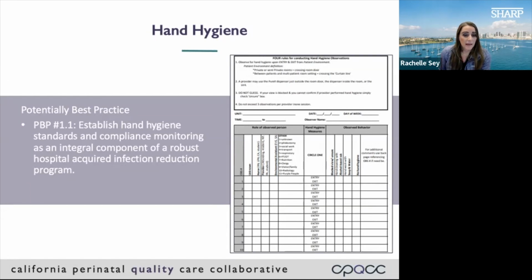And then the family, as I mentioned, we did try to address how we can incorporate and integrate the family into this process because they are an integral part of our team. And using active patient and family empowerment might also help to increase our hand hygiene compliance among healthcare providers if we're using them and engaging them as active participants in our cross-monitoring for hand hygiene in the NICU.